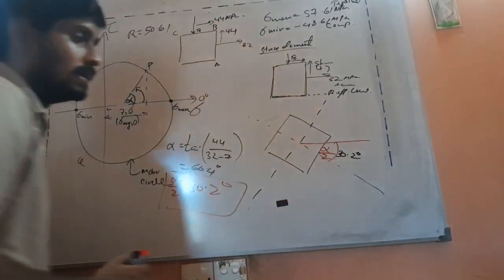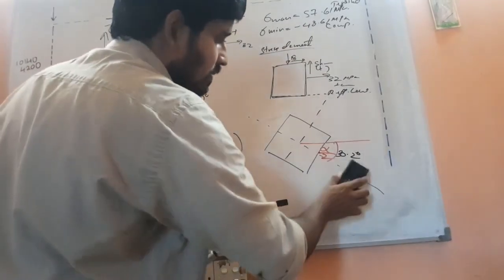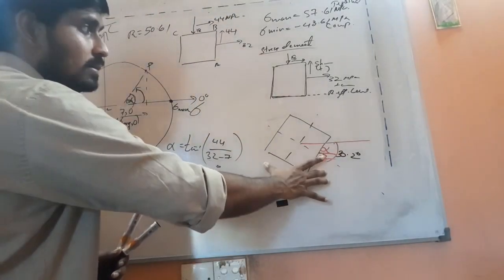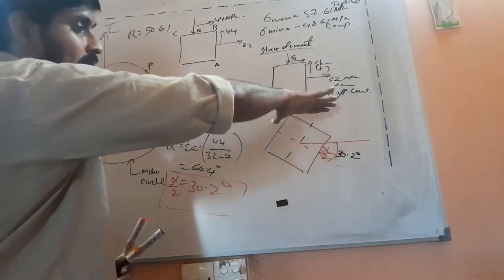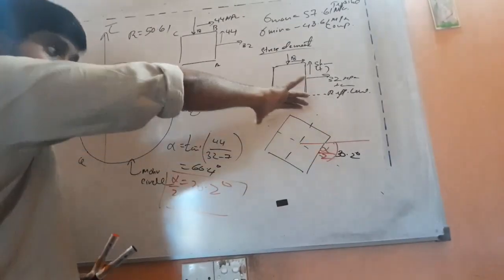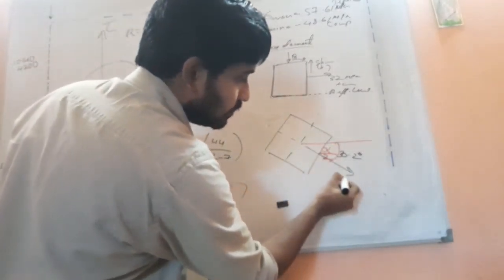That means, now I will tell you the scenario. If you rotate the original stress element by 30.2 degrees along the clockwise side, what is the normal stress that you are going to have here?